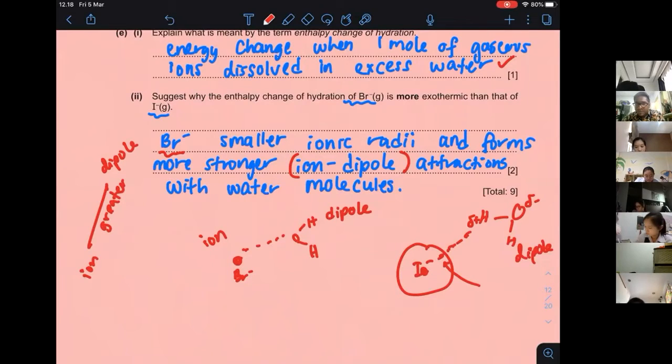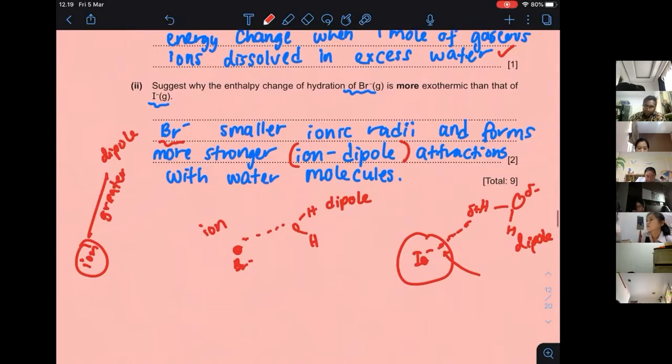If you have a smaller ion, then the attraction is going to be bigger, so the hydration energy is going to be more exothermic. So it depends on the ionic radii, not the charge density. It's about whether they are able to form better bonding with the dipoles of water.